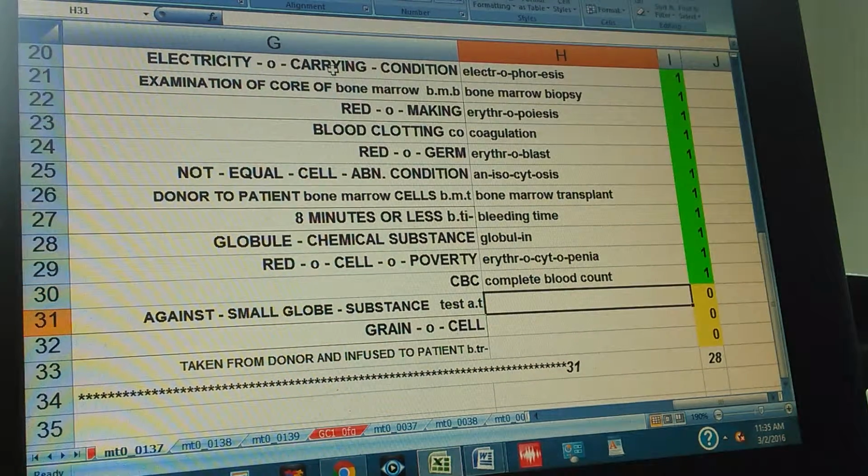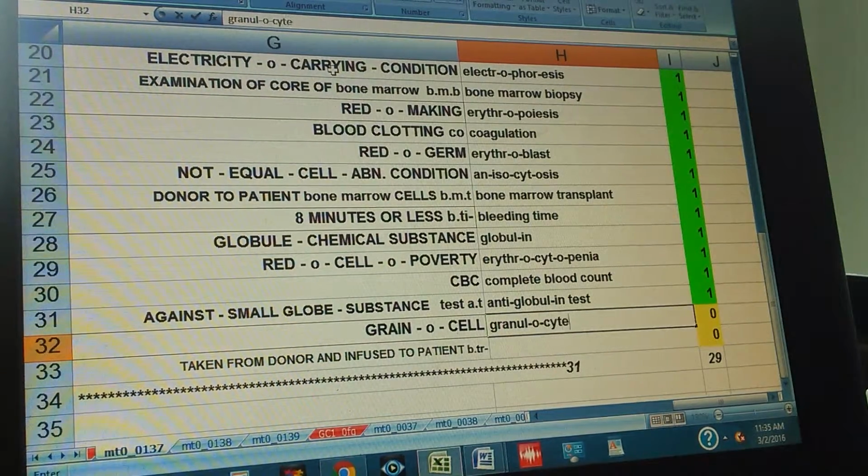Against, small globe, substance, test. Antiglobulin test. Grain, O, cell. Granulocyte. Taken from donor and infused to patient.